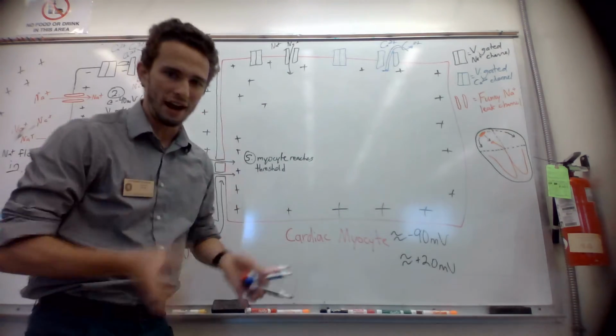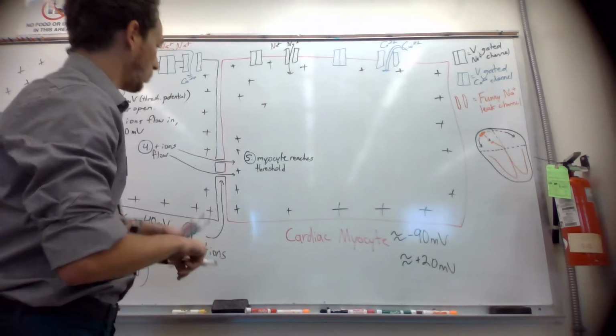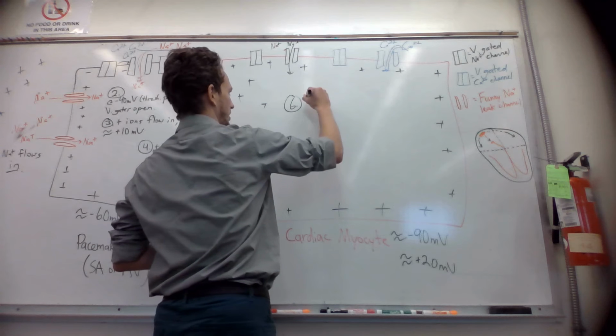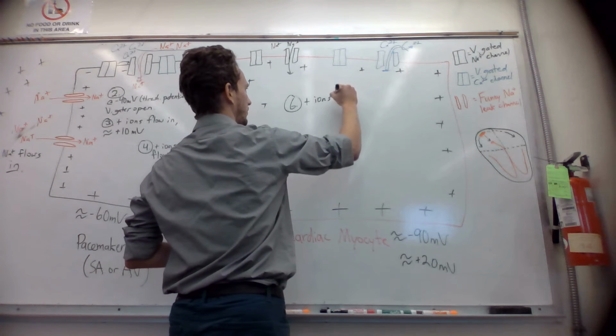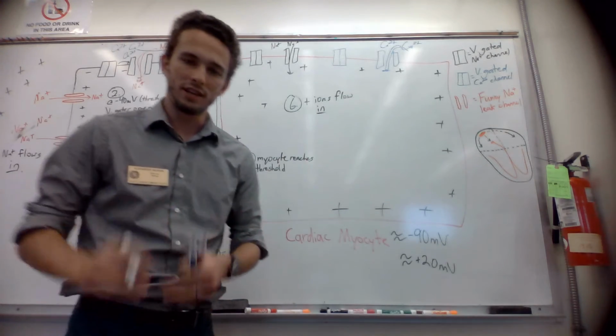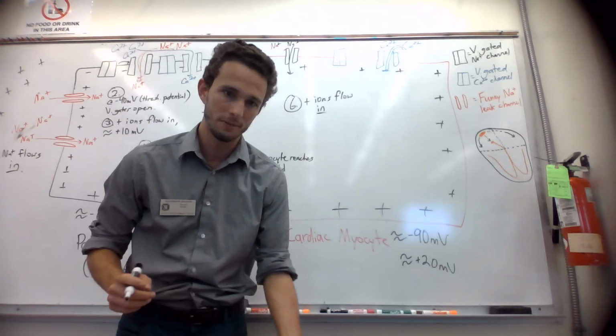But we need it to contract, and it's not enough to just throw in a bunch of positive ions to contract. So once they reach the threshold and the ions flow in, this will be the next step: there's going to be a thing called calcium-induced calcium release.